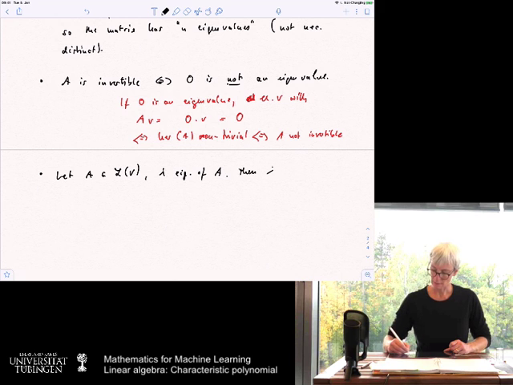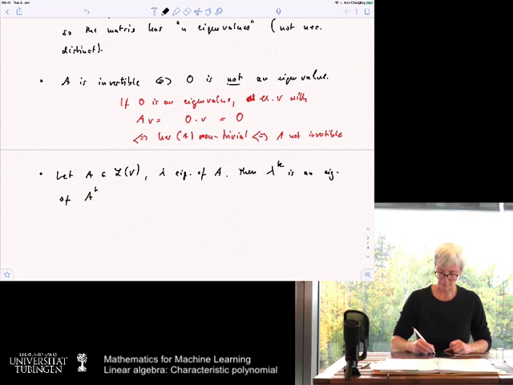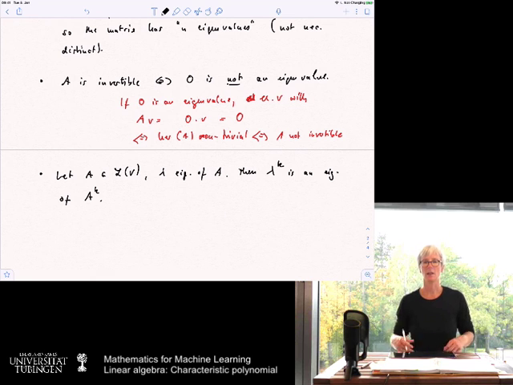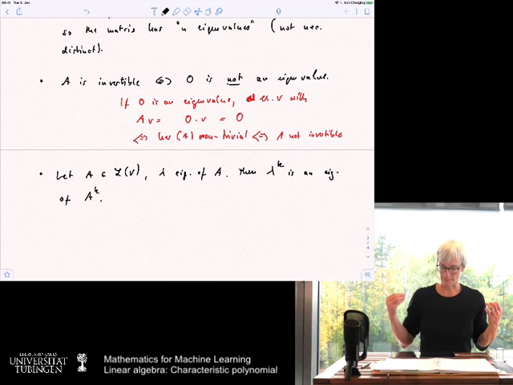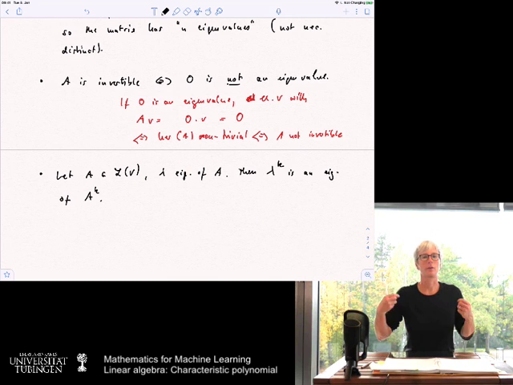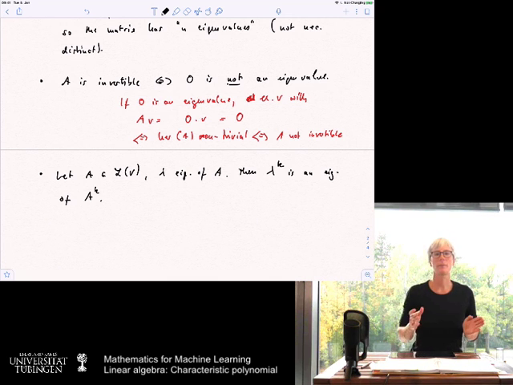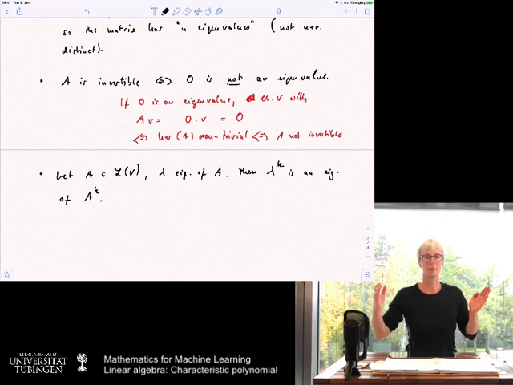Then lambda to the power of k is an eigenvalue of the operator A to the power of k. And intuitively, from the geometric meaning of an eigenvector, this is also clear. If lambda is an eigenvalue with a certain eigenvector v, it means the vector v is being stretched by a factor of, say, 5, if my eigenvalue is 5.